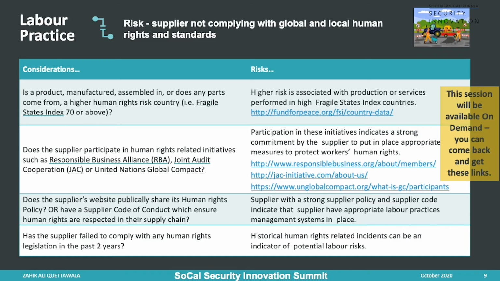So even if your supplier is engaged in just one of them, that gives you some assurance that they are serious about human rights and they take care of the people. Another check which I see is really good: does the supplier website publicly share its human rights policy, or a supplier code of conduct which ensures human rights are respected in the supply chain?